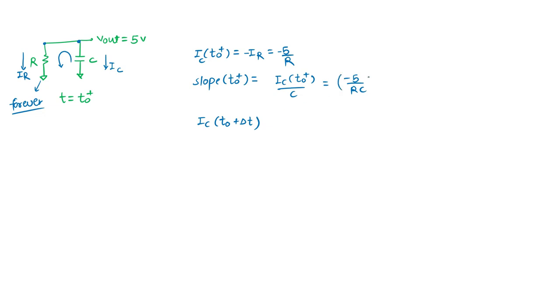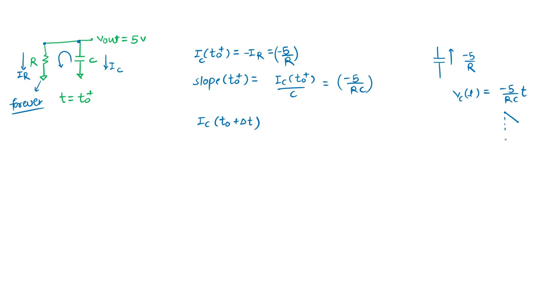For some time instant, this is the slope and this is the current flowing through the capacitor. Let's say that at that instant a constant current of minus 5 by R is flowing across the capacitor, so the capacitor will discharge. The capacitor voltage for that instant is 5 by RC times t, so some linear decrement will be there with that particular slope initially.